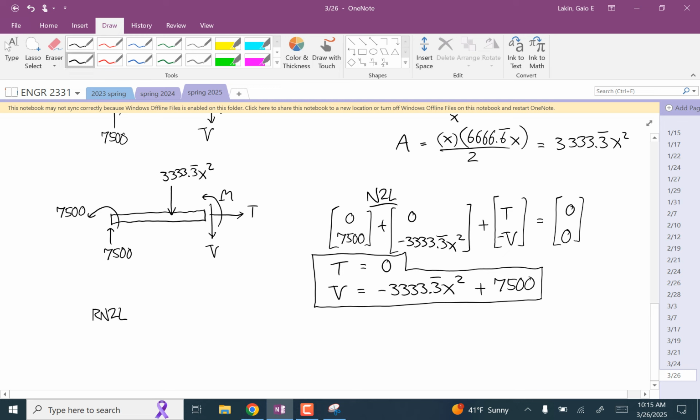And then the moment equation about the z-axis. There's no torques in this, so we're not going to do it about x. We have 7,500. That is a clockwise rotation from that distributed load force. The moment arm is 2x over 3. The force is 3333.3 repeating x squared plus M minus Vx is equal to 0.